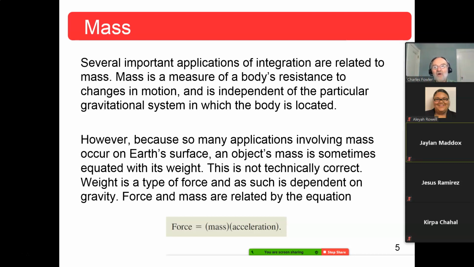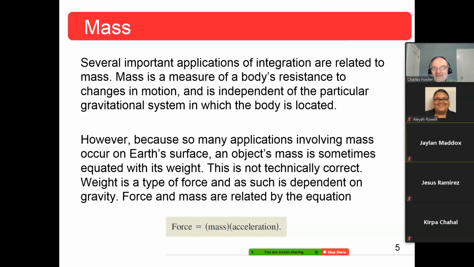Weight depends on the gravitational system that you're either in or not in, and mass is independent of that. However, because so many applications involving mass occur on the Earth's surface, the object's mass is sometimes equated with, that's not good, made equivalent to its weight. Not equal to, but equivalent to its weight.